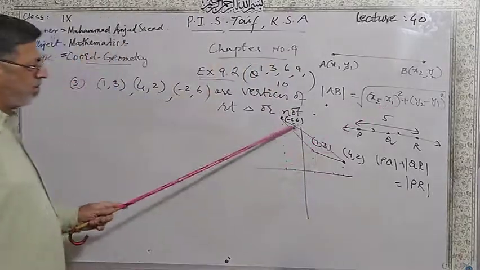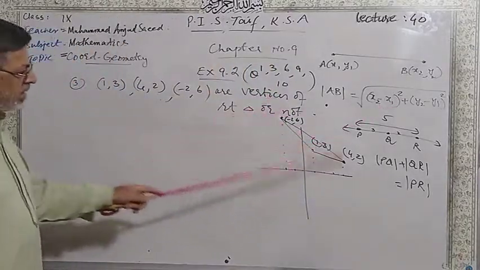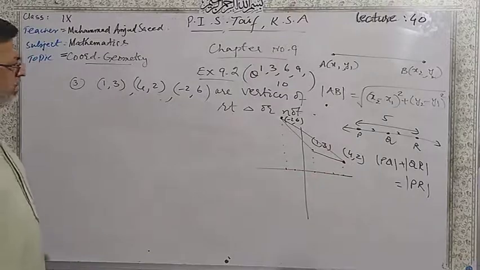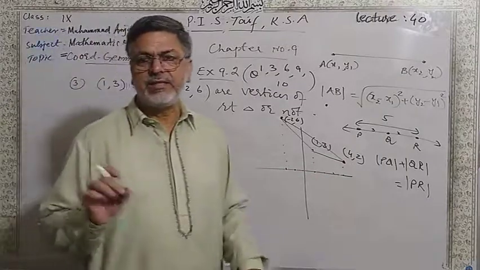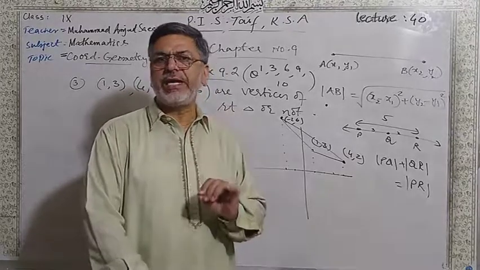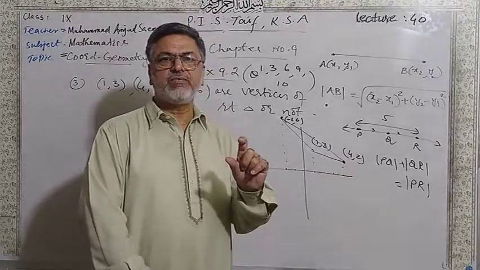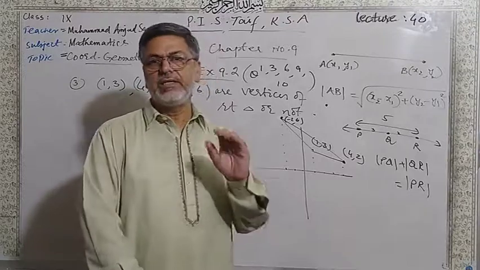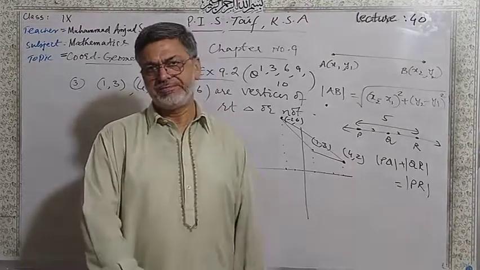Now you can check. It will not be a right angle triangle, definitely. But if it is a right angle triangle, the lengths of the sides will be such that any two sides will satisfy the Pythagoras theorem.